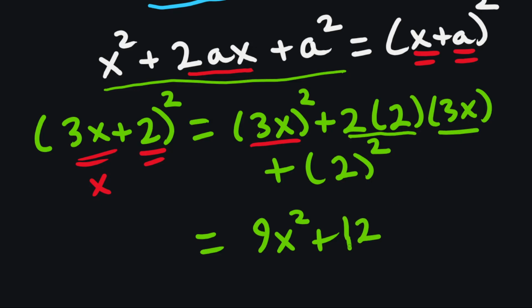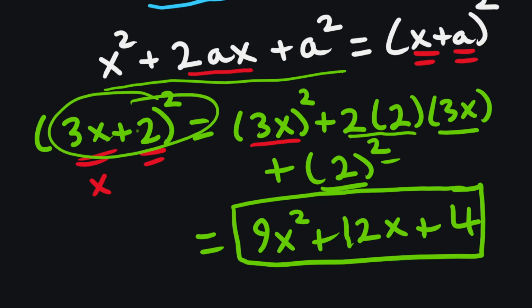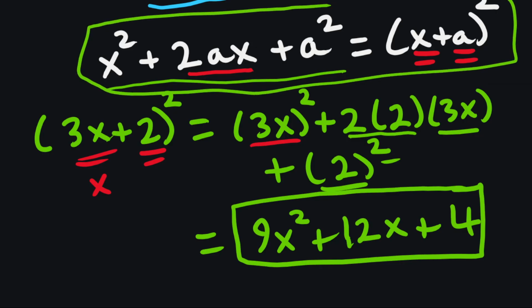So 12x plus 2 squared is 4. And there we go. We just evaluated (3x + 2) squared using the formula that we created up here. So (x + a) squared equals x squared plus 2ax plus a squared.